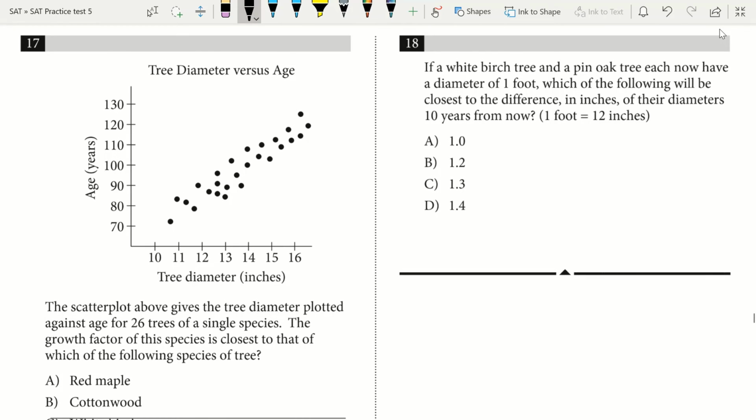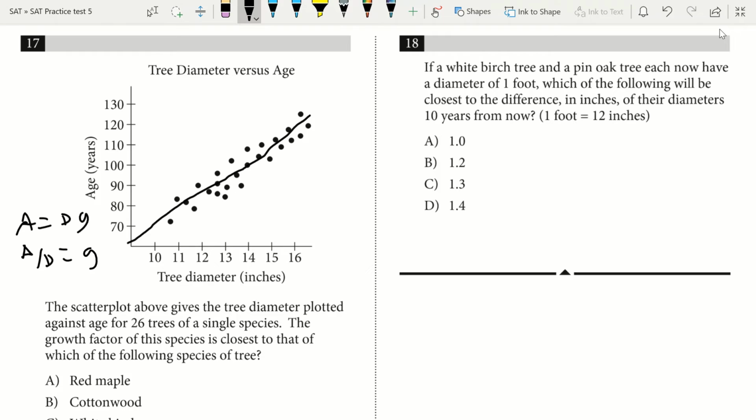All right, now I got tree diameter versus age. The scatter plot gives the tree diameter plotted against age for 26 trees of a single species. The growth factor of this species is closest to that of which of the following species? All right, well, I know that my age is equal to my diameter times my growth factor, A equals D times G. So if I take A and divide it by my diameter, then I get G, right?